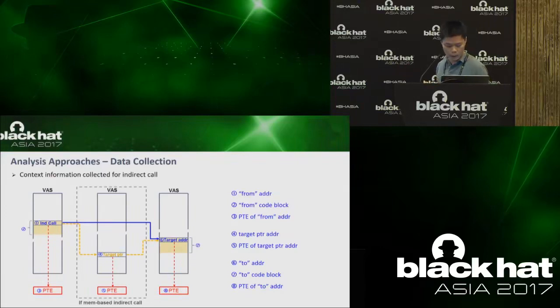Lastly, we collect the target address, the to address, and 8 bytes of information at the target address, and finally the page table entry of the target address. So 8 pieces of information are collected on each memory-based indirect call.